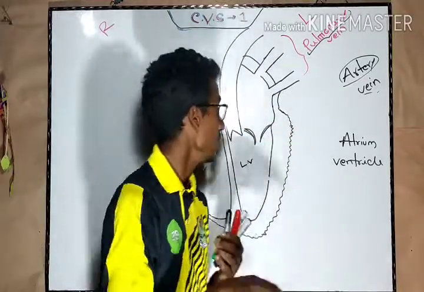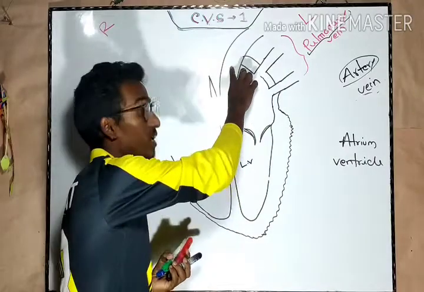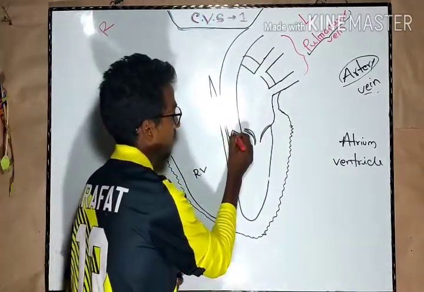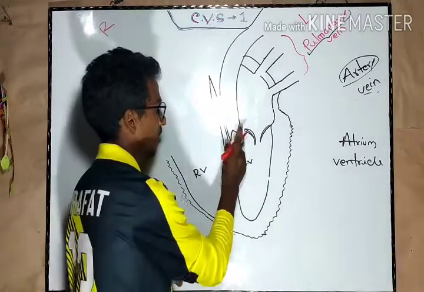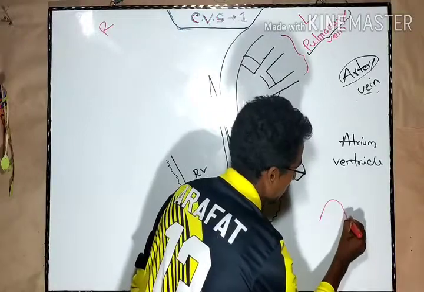Now look at that. This valve here goes to the aorta. Here it is called the aortic valve. This valve looks like a semi-moon.